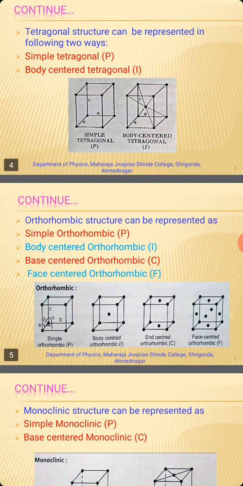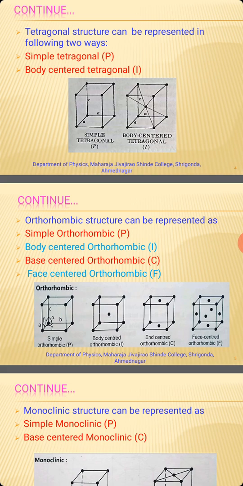The next type is the orthorhombic crystal system. In case of orthorhombic crystal systems, when we try to represent this crystal structure, then we will have all four types of presentations. That is, we will have a simple orthorhombic, body-centered orthorhombic, face-centered orthorhombic, and base-centered orthorhombic.